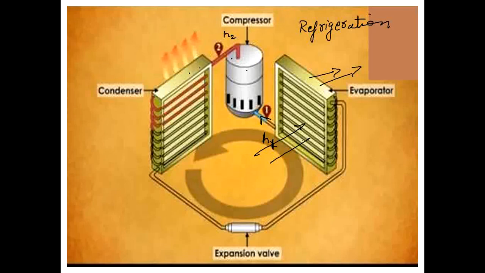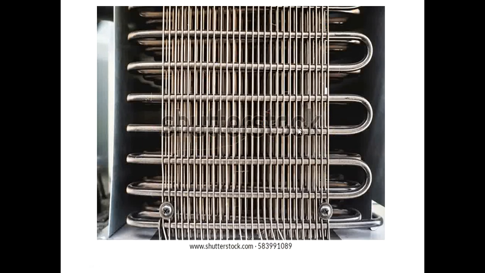After compression, it comes to the condenser, where it gives off its heat energy to the atmosphere or ambient condition, and then it comes to the expansion valve. In the thermal expansion valve, it is expanded to a low temperature and low pressure refrigerant, which is very cold. When it comes in contact with another fluid, it gets evaporated and becomes vapor refrigerant given to the compressor, as in VCR. These are the typical heat exchangers that you can see in your refrigerator.